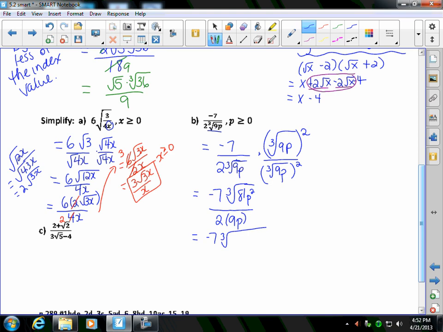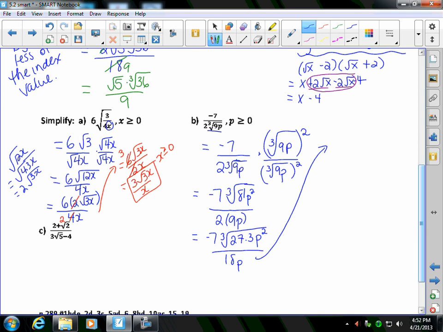81, as it turns out, has a cube root in there. 27, which is 3 times 3 times 3, divides evenly into there. It's 27 times 3p squared. So that's all over 18p. It's going to go up here.